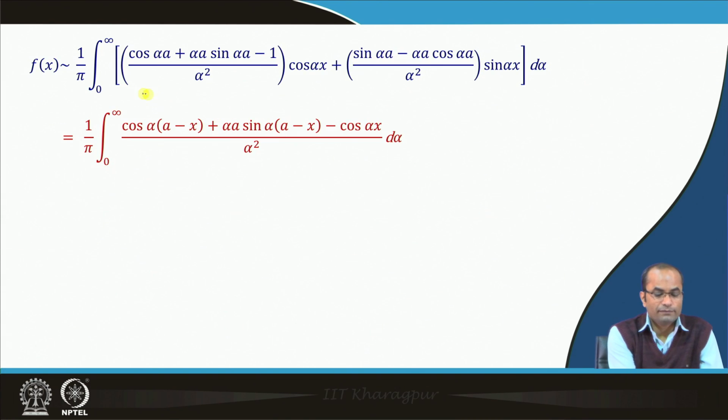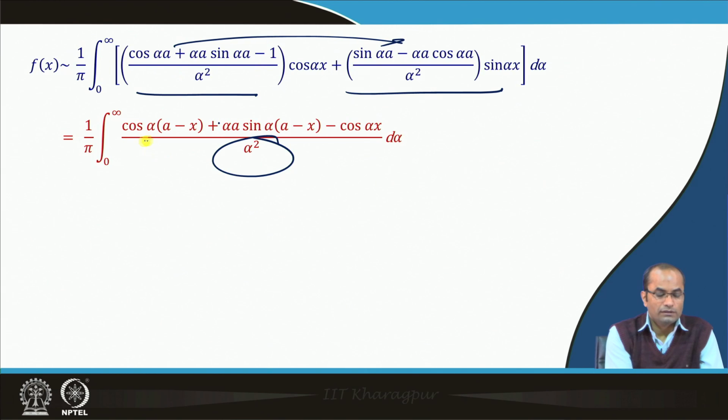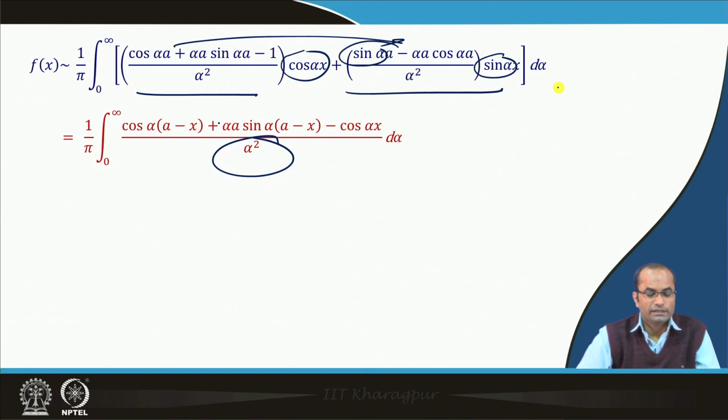So, that can now be simplified. So, with alpha square, we can write this with the help of the trigonometric identity, because here again we have cos A cos B, then sin A sin B, and here sin A cos B and cos A sin B, etc.